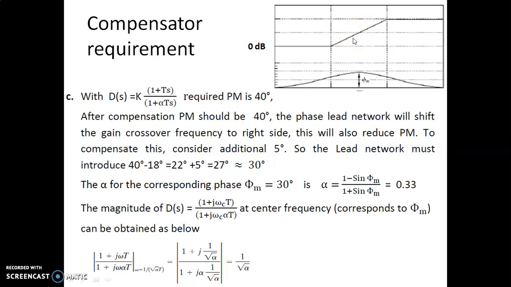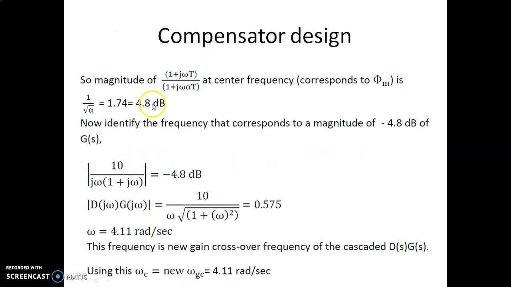Since it is put in cascade with the actual plant block diagram, we are supposed to nullify this 4.8 dB from that actual block of G(s). So now we are trying to identify a frequency that corresponds to the opposite of this 4.8, that is minus 4.8.